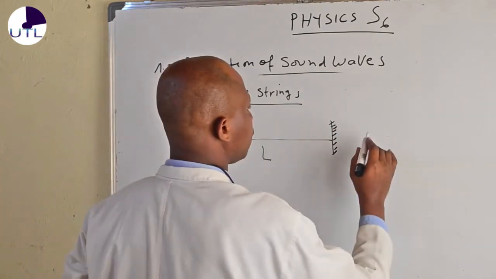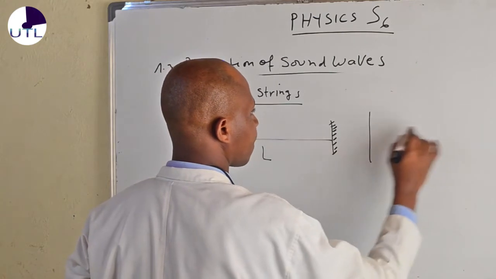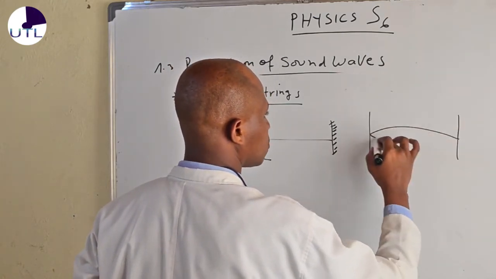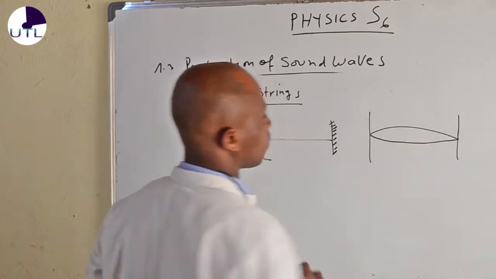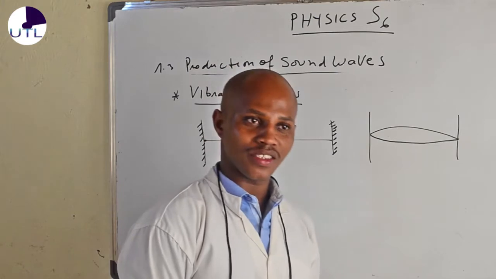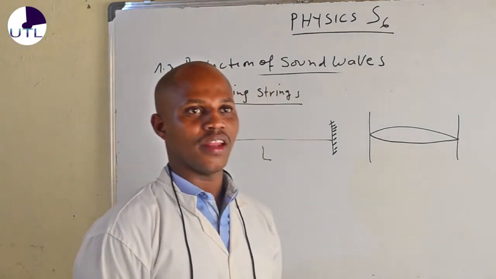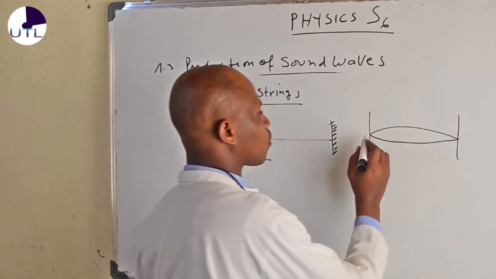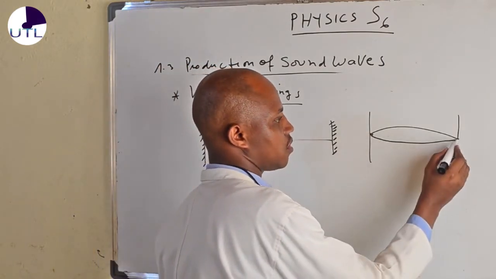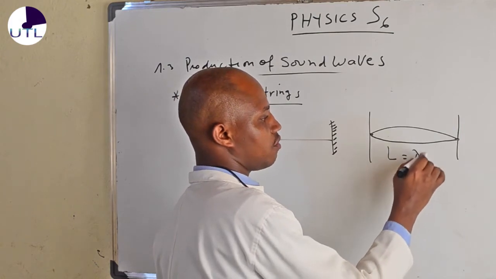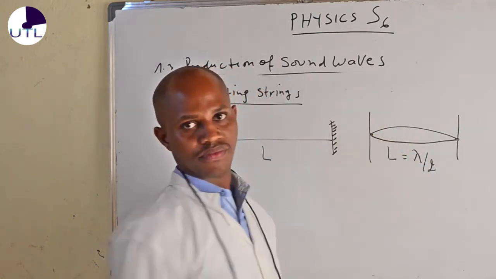Now, what if you have a sound which is produced like this? Remember, before, both ends were open. Now here they are closed at both ends. That means here the length will be equal to the wavelength divided by 2.